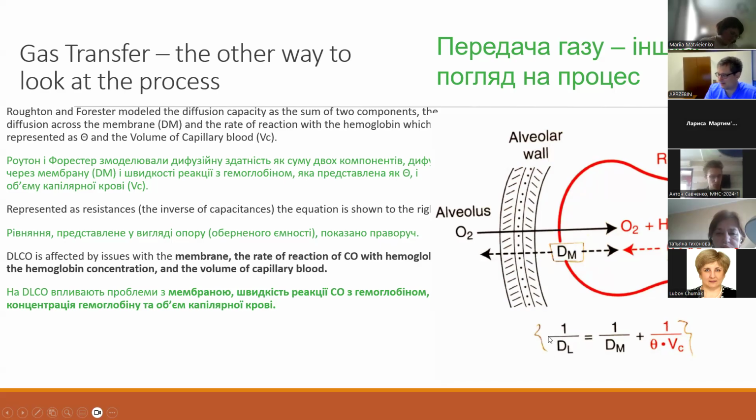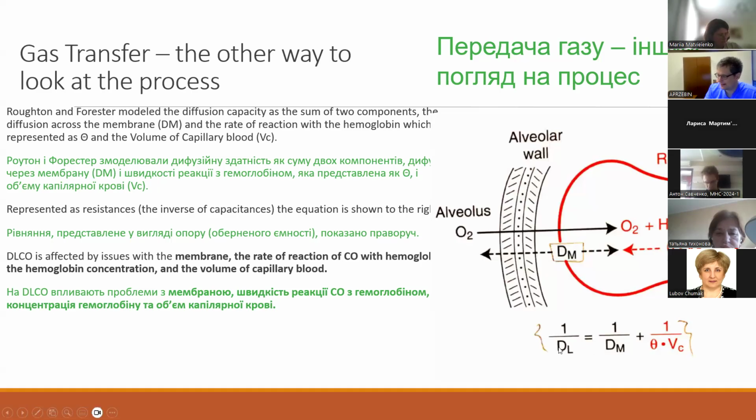So on the bottom here, we have 1 over DL, which is the diffusion capacity of the lung, is equal to 1 over Dm. This is the membrane component of resistance. And then 1 over theta times Vc. And this theta represents the rate reaction of carbon monoxide with the hemoglobin. And this Vc represents the volume of the capillary blood.